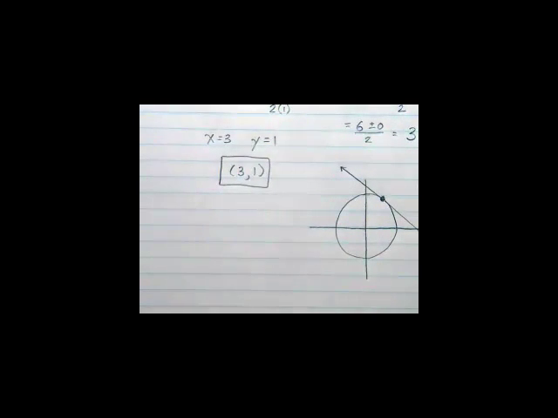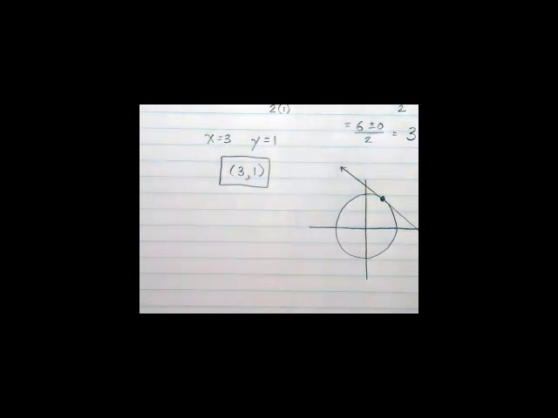So you've got a line and a circle with one point of intersection. You guys remember from geometry when you talked about tangent lines? So this is a tangent line to that circle. That negative 3x plus 10 is tangent to the circle we started with. So there's only one point of intersection.